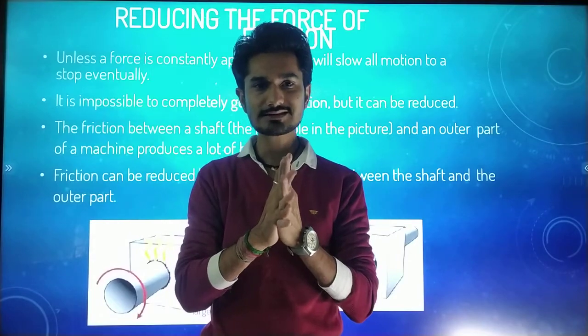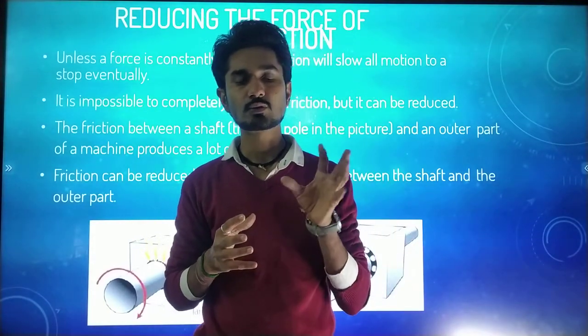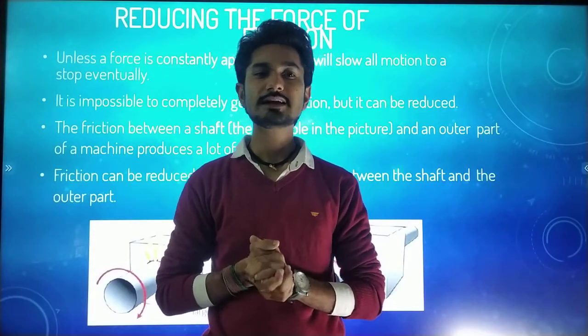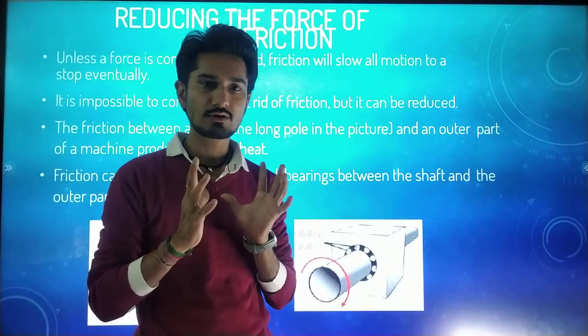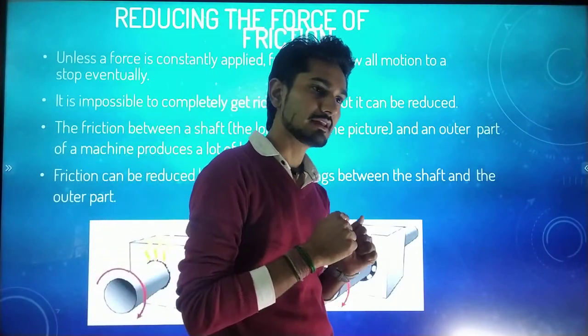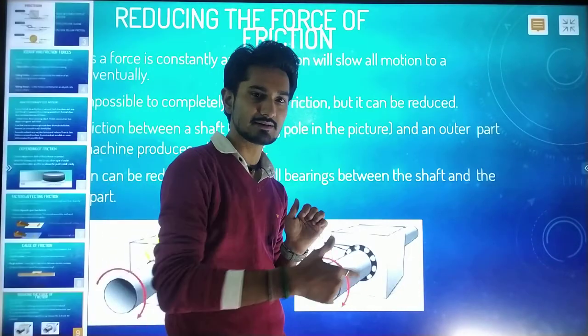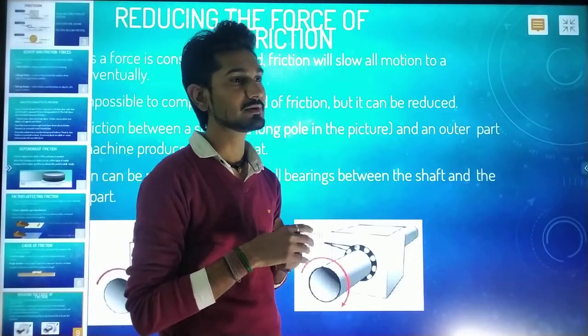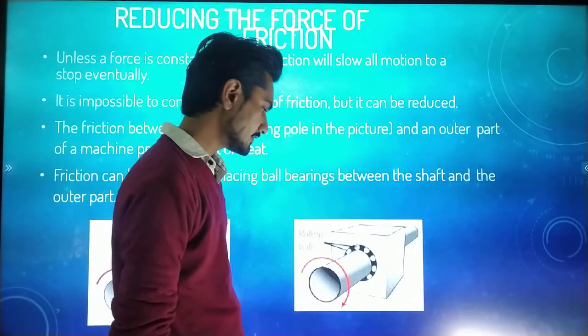So to reduce friction, we can use rotary machines. It will automatically lessen the friction. Imagine that if a car's tire is not made circular, if it is made rectangular, then what happens?